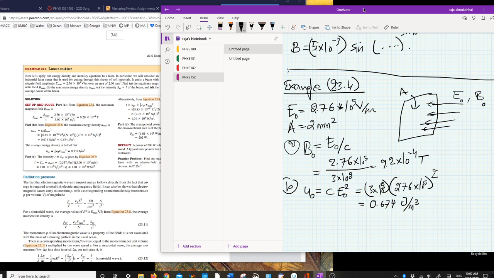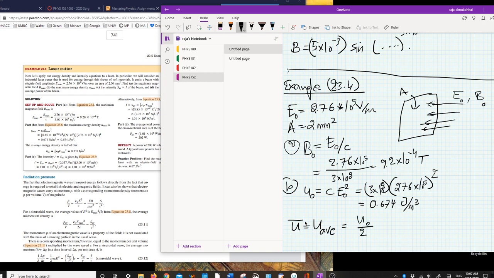What else? Now, if you go back here, he says find the maximum energy density. If you want to find an average, and you know the max for anything really, basically divide the max by 2. That will give you the average. So if I want to find the energy density average, U bar, or U average, that's how your book calls it, basically it's U naught, the maximum, over 2.